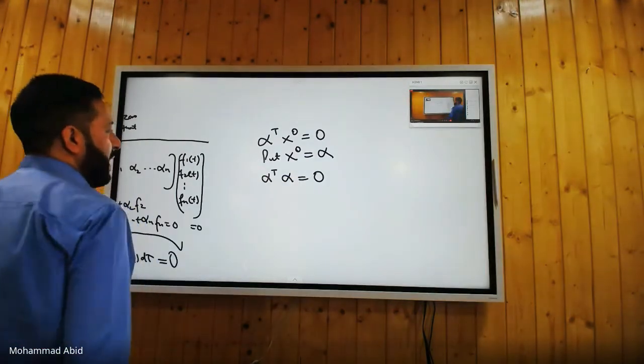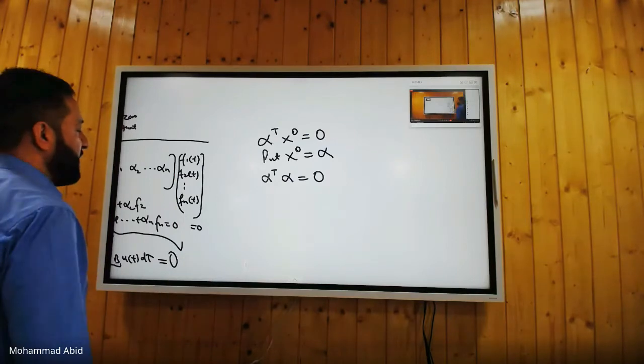Alpha transpose alpha equal to 0 can be true only under one condition.